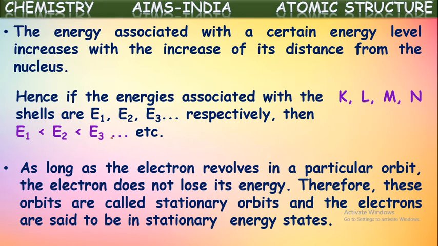Its energy will be fixed until it jumps to another orbit. That is why these energy levels are called stationary states and stationary orbits.